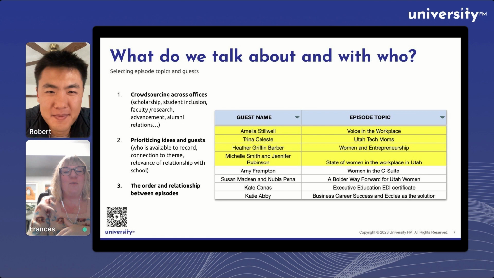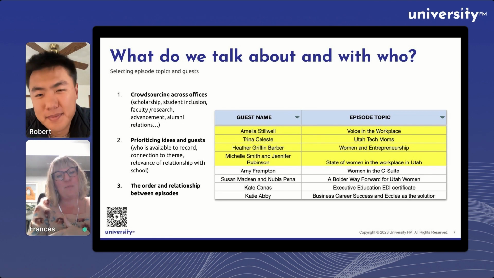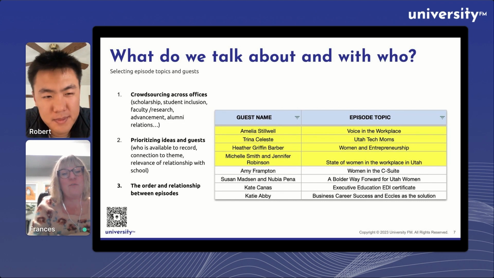So Trina Celeste is in the tech industry. Heather Griffin Barber is an entrepreneur. Michelle Smith is a chief people officer for a very large company here, the Larry H. Miller Company. And Jennifer Robinson is actually a staff member at the Eccles School in the Kem Gardner Policy Institute.